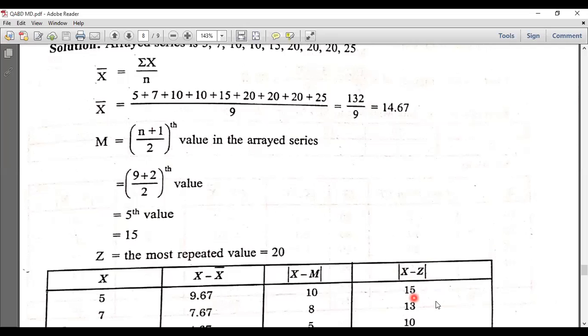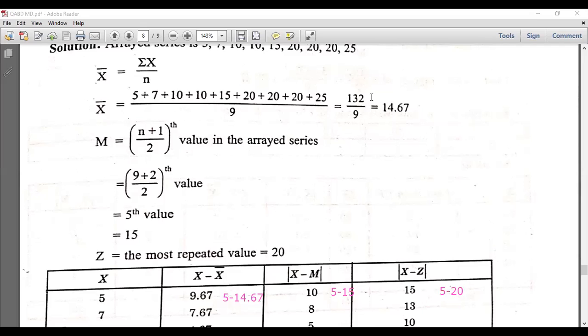Then for mode, x is equal to 5, and the mode we got is 20. So 5 minus 14.67, 5 minus the median 15, 5 minus 20. Everywhere we got a minus, but since we are taking the modulus, we'll ignore the minus and calculate.